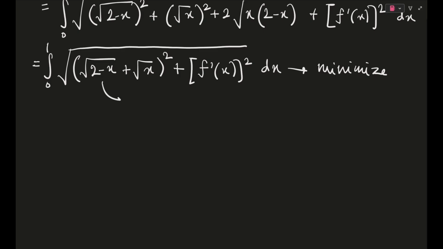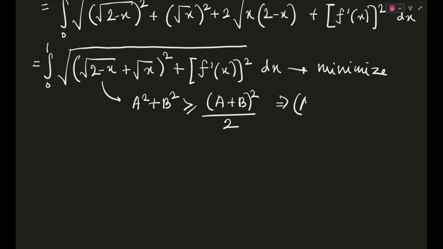Everybody knows that a square plus b square is greater than or equal to a plus b whole square by 2. This is a very common inequality. From here you can also say that a minus b whole square is greater than 0.